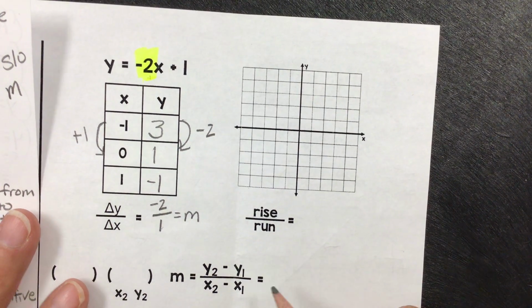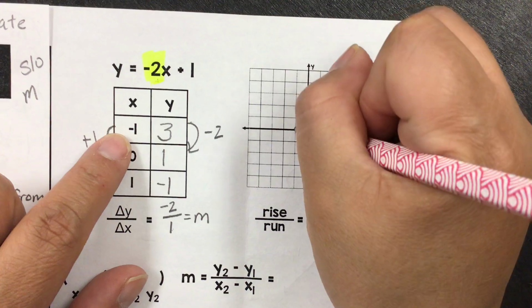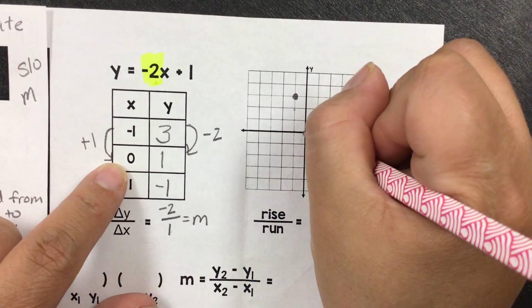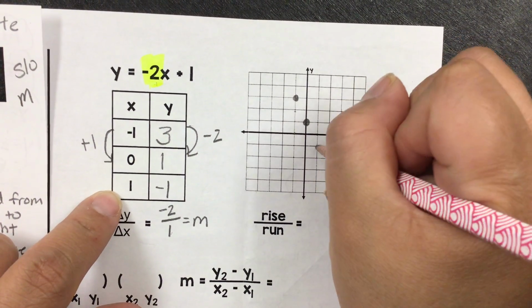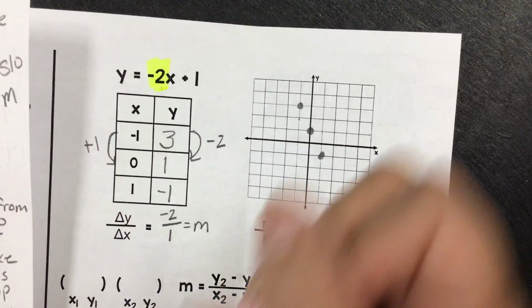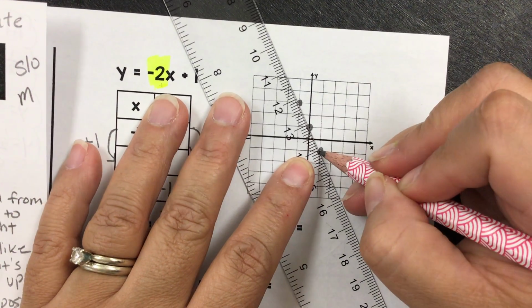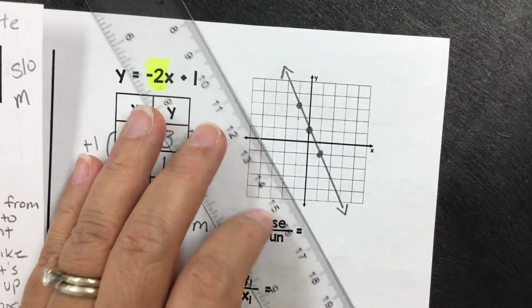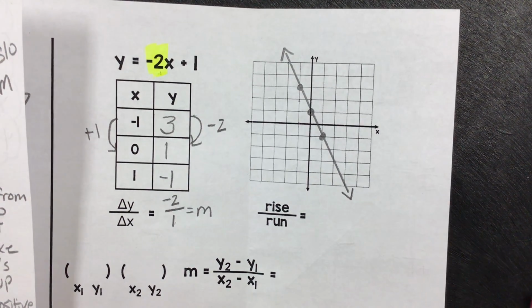Let's graph it. Negative 1, 3, 0, 1, 1, negative 1. Start from the left to right.